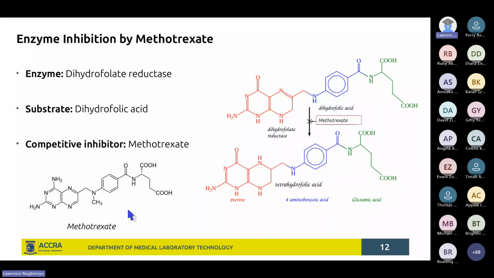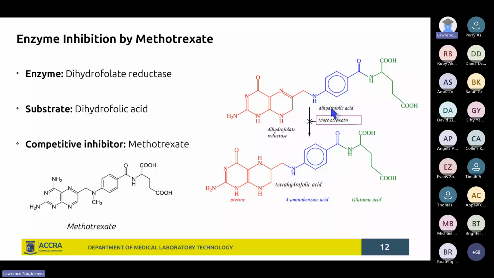Methotrexate is also one of these drugs, used particularly in cancer, to prevent cell proliferation of cancer cells. Like in chemotherapy, you have this used. And if you take a look at the structure of methotrexate, you can see clearly that it looks very, very much like the substrate, dihydrofolic acid.